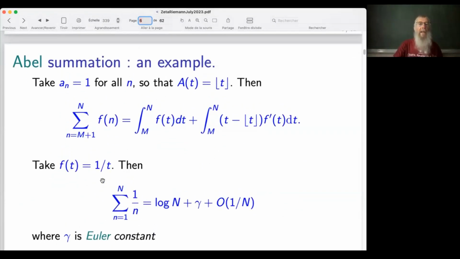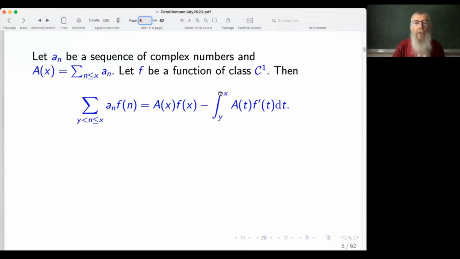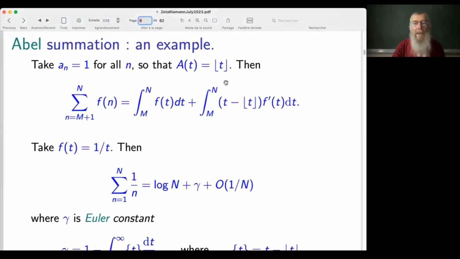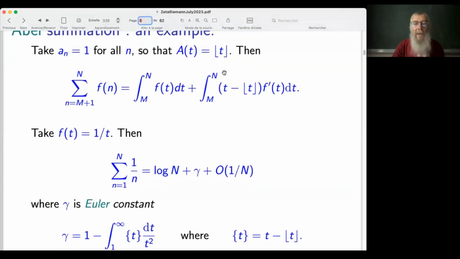The example I take is a_n equal to 1, and A(t) is the integral part of t. So it's a function which is piecewise of class C1. What is the integral part of t?